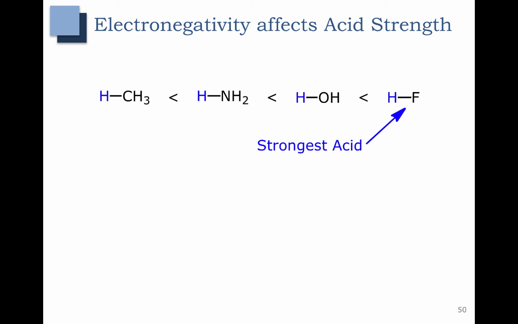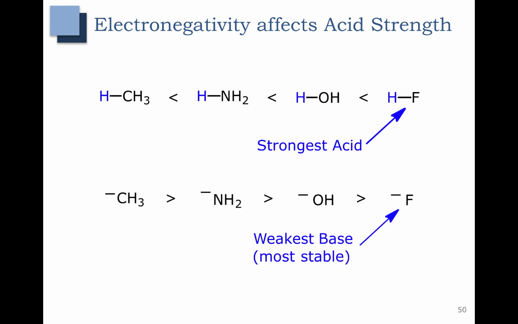And if you're thinking about how this relates to the periodic table, remember that when you're looking at the periodic table, we have carbon, then we move to the right and we get nitrogen, then oxygen, then fluorine. If we flip this around, that's going to mean that our strongest base then is a negative charge on a carbon.